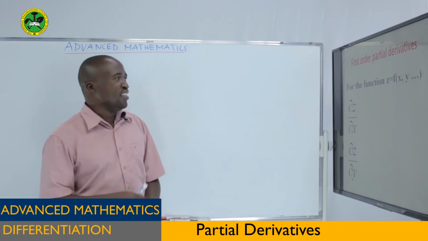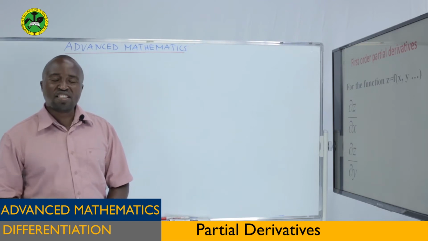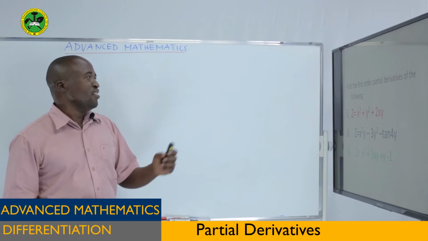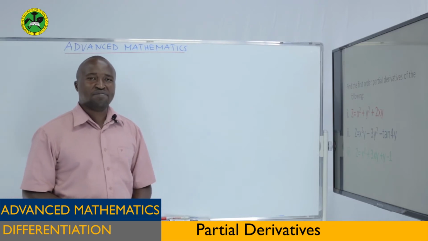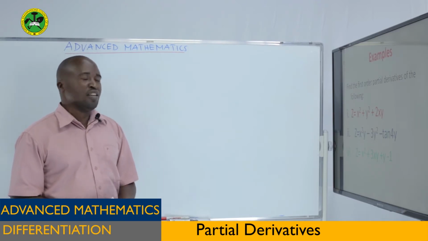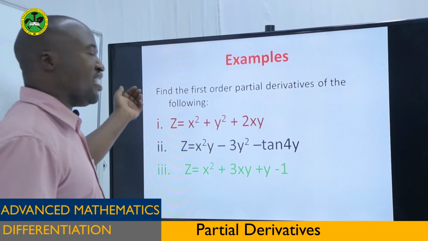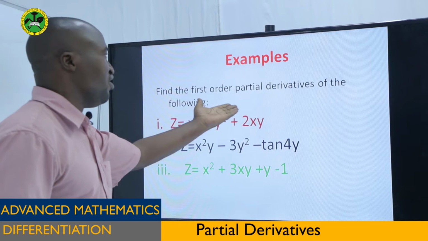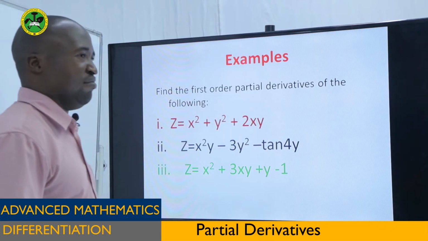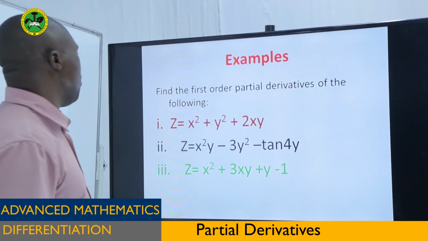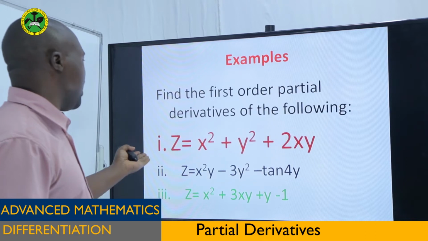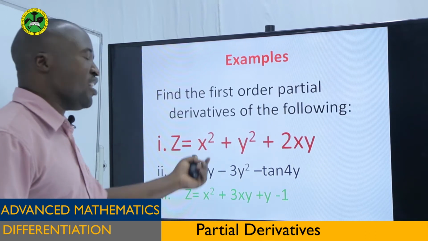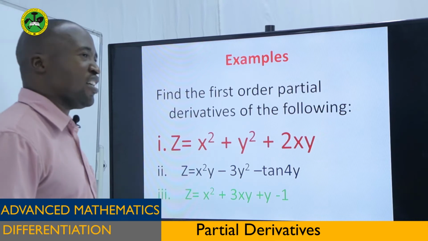Now, after learning these notations used in first order partial derivatives, let us have some examples. We have 3 examples. Starting with the first example, find the first order partial derivatives of the following. Starting with Roman 1, we have z is equal to x squared plus y squared plus 2xy.